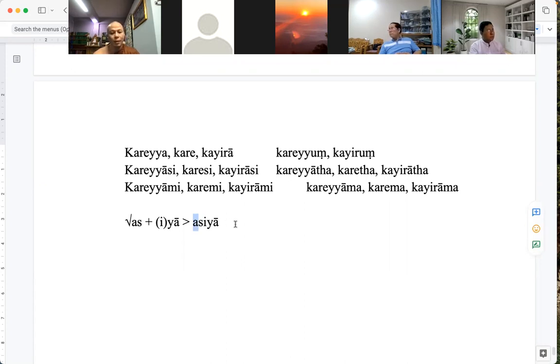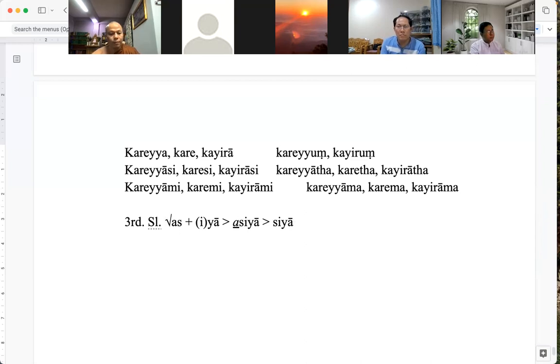So here also that a is dropped, maybe for this possible reason. So that is why we have the si-ya form. So two forms for the third person singular. This is one form.